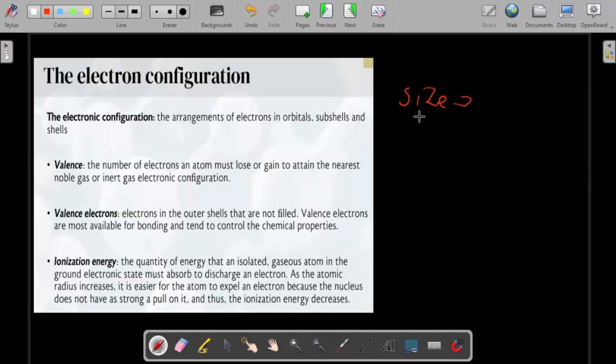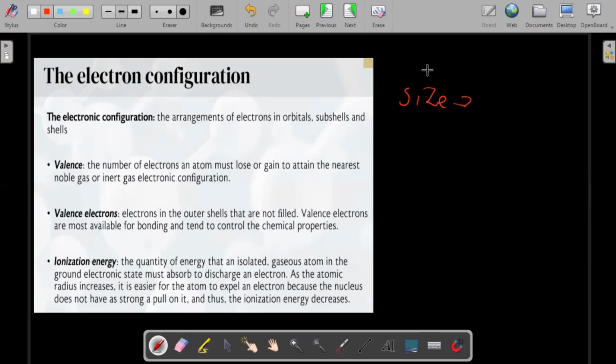As the radius of an atom increases, the electron will be far away from the nucleus. So it will be easy for you to remove the electron which is far away from the nucleus compared to the one which is closer to the nucleus.